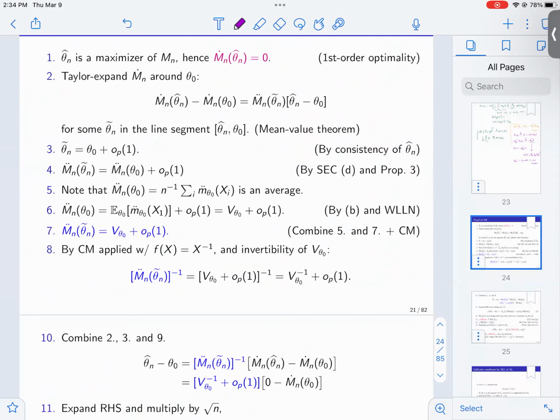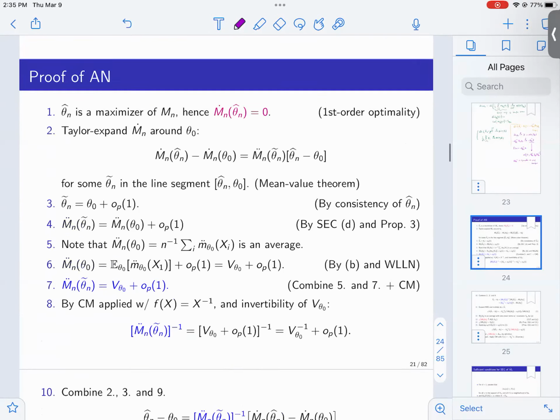So okay, let's try the proof. The proof uses an idea that is very common in classical statistics, which is to do a Taylor expansion around whatever you care about.